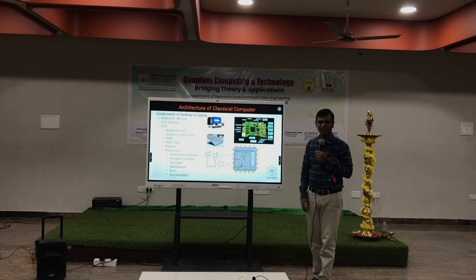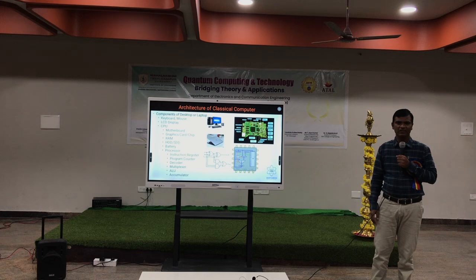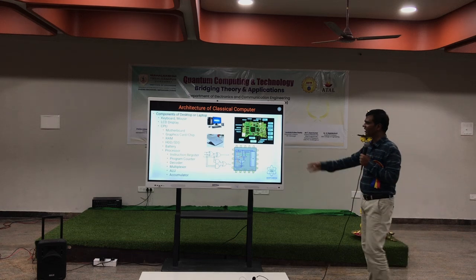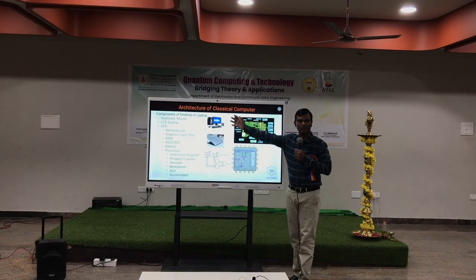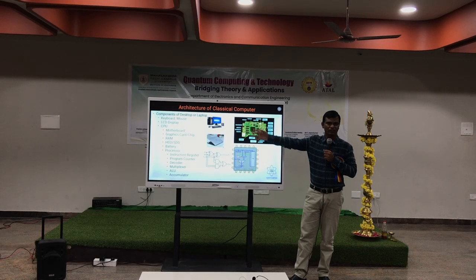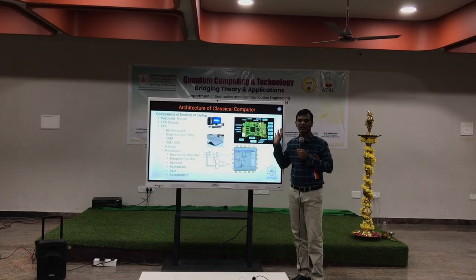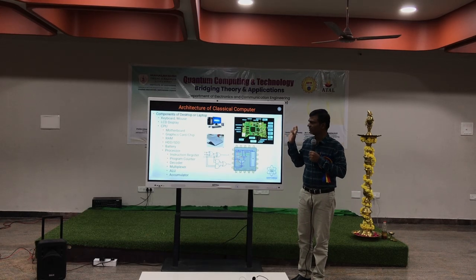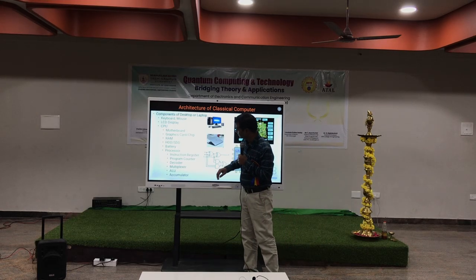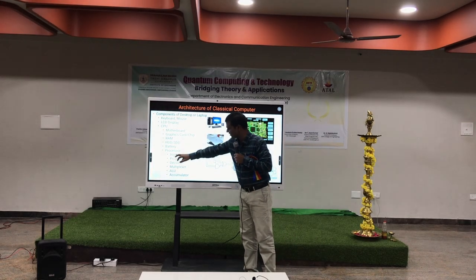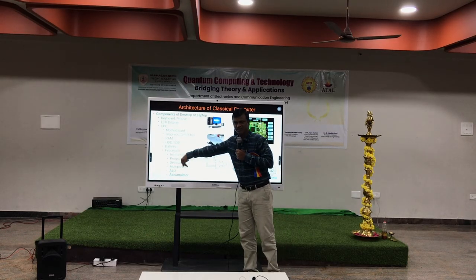And just like the desktop has an architecture, which you can classify into various components, similarly we will be having the same architecture in the quantum computer also. The only thing is, here the processing will be different, because the processor is entirely different.